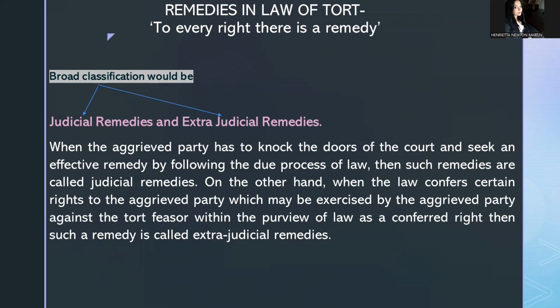You'll have to compensate, and you will have to pay me X amount, and until you pay me, I will not release the cattle. So that is the right to retain something with you.